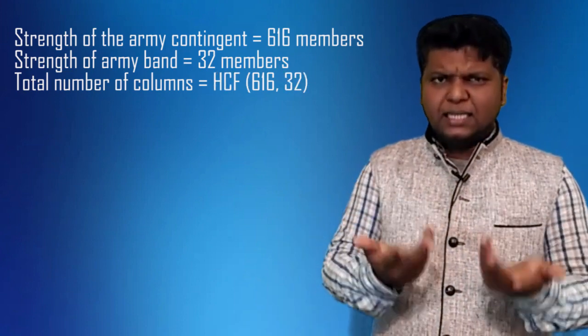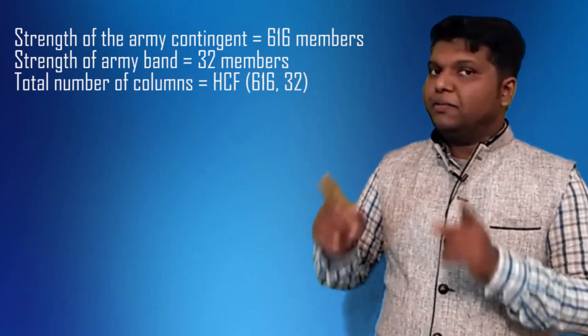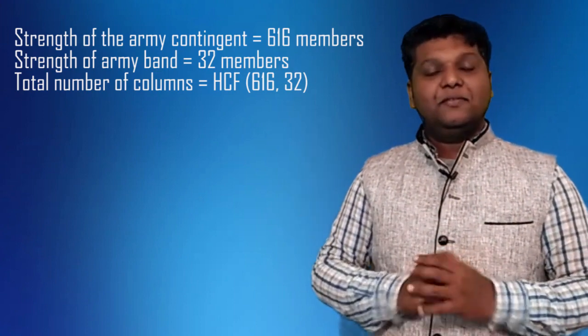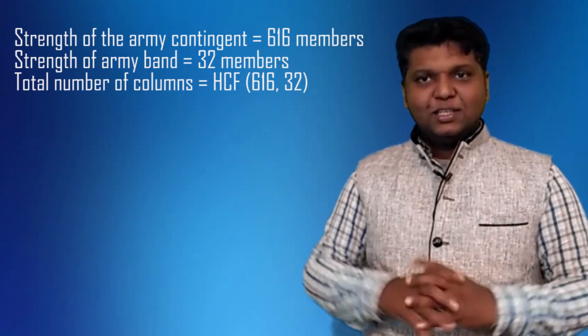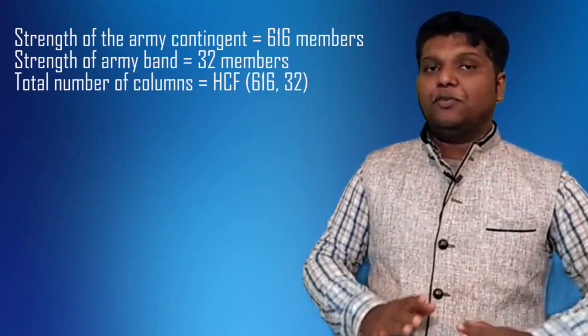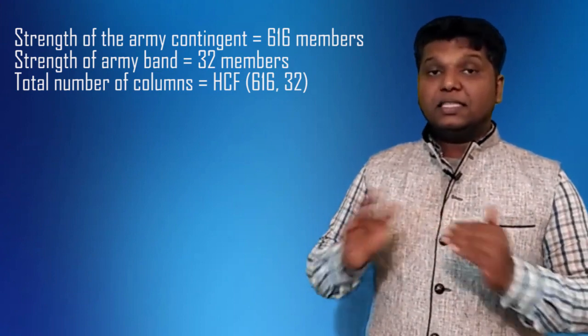Even though we pronounce it like that, when we write HCF, within the brackets only we write 616, 32. That means you have to find the HCF of these two numbers.